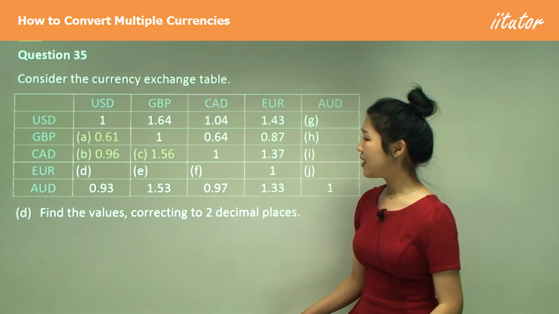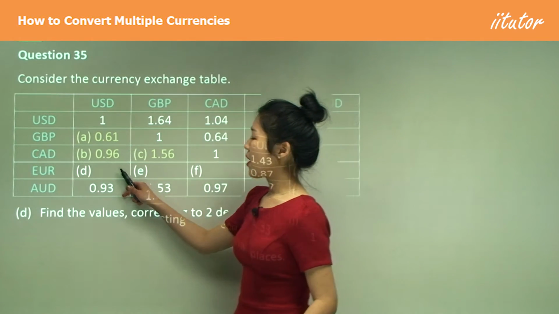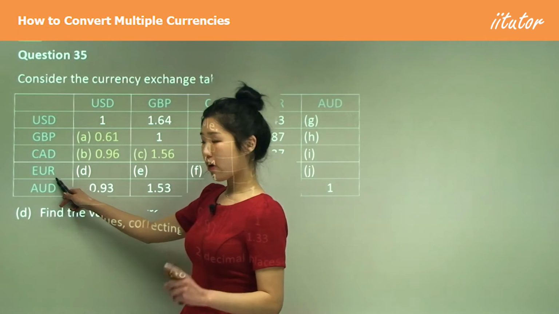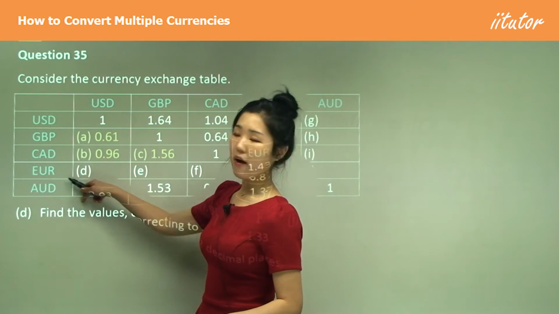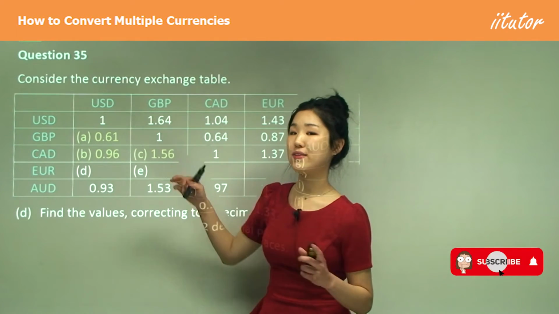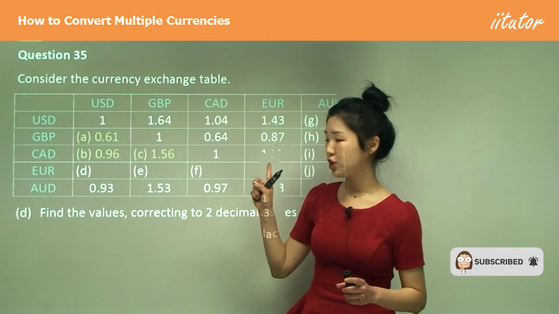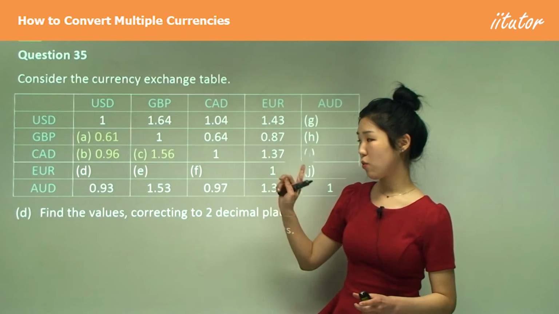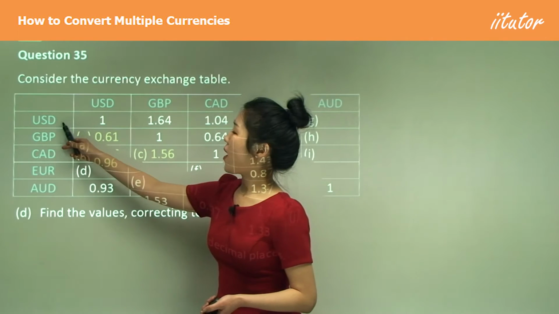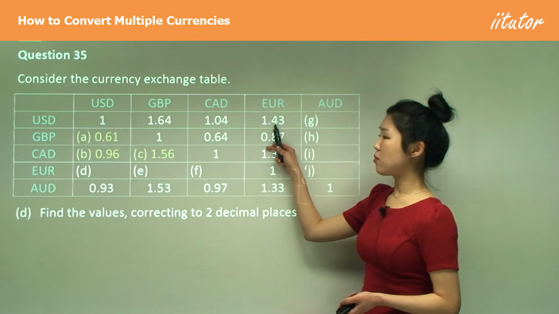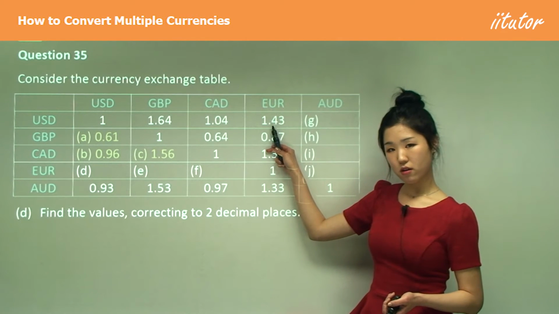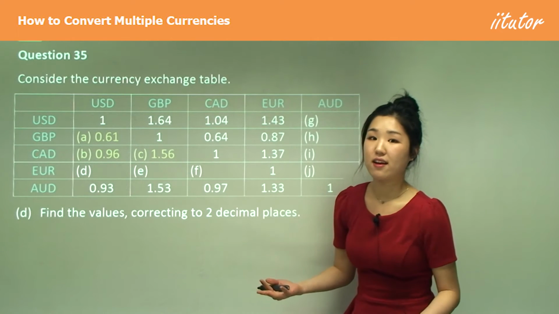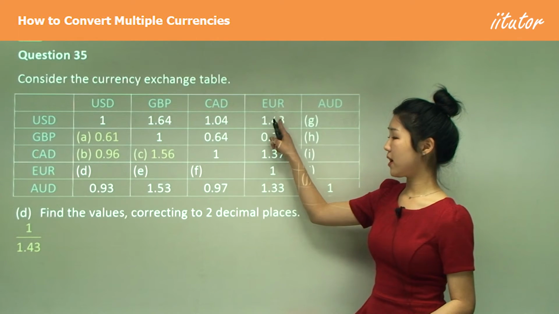Now D, we want to know how much 1 euro, so EUR to USD. So I want to know how much USD I can buy with 1 euro. 1 USD buys 1.43 EUR. So it's going to be the inverse again. 1 over 1.43.